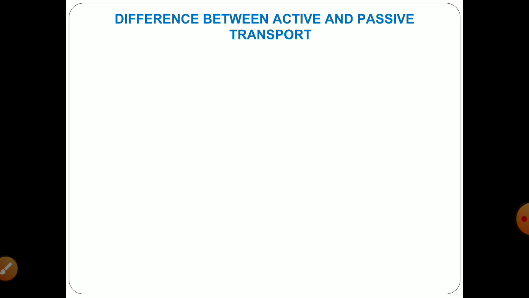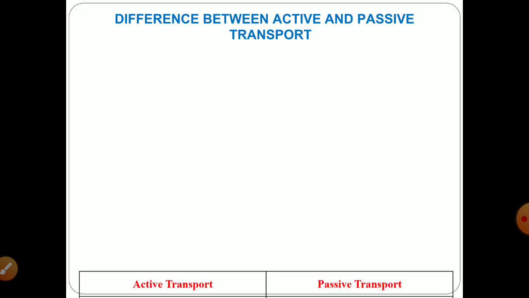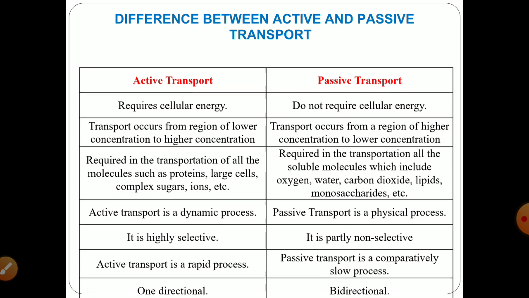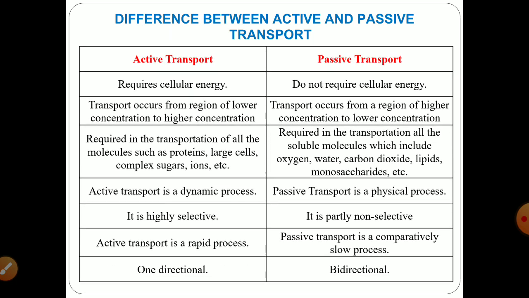So now we have seen the active and passive transport systems. One needs to understand the actual difference between active transport and passive transport. The first basic difference is that active transport is an energy dependent process, whereas passive transport never requires cellular energy.